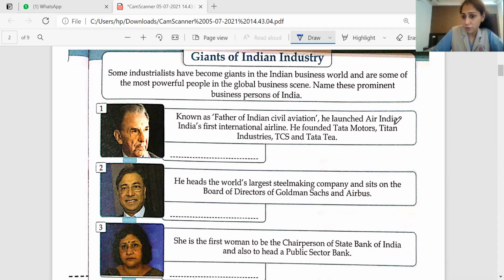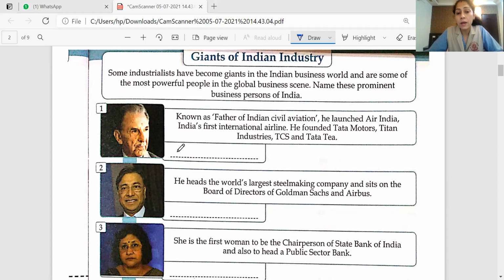I just mentioned Titan Industries, TCS, and Tata Tea, and many other products. Tata has made a foray into many arenas, and in many businesses they have taken over. He is none other than the father of Mr. Ratan Tata, that is JRD Tata.